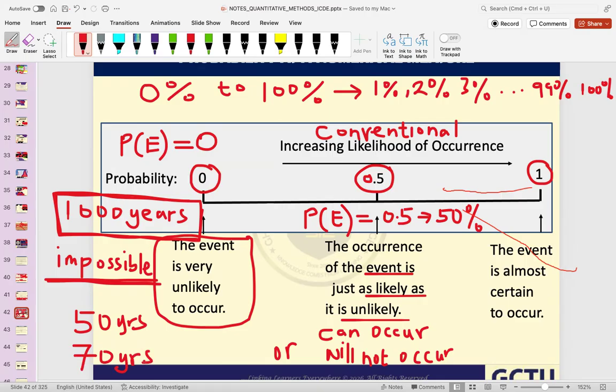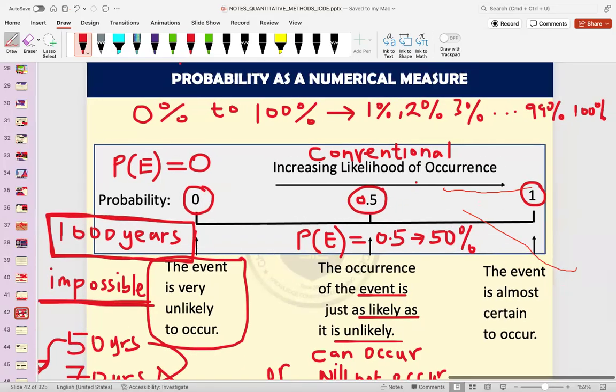Okay. In that case, this is where we find ourselves. It can either be possible that you get to 70 years, or it may be impossible to get to 70 years. Like we all know, naturally, anything can happen. So that is where we see your probability is 50-50 or 0.5.